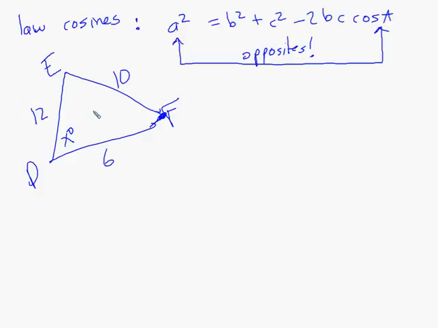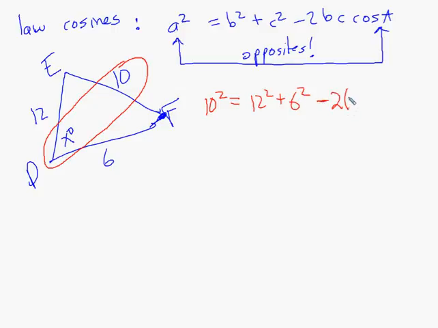We know it's not law of sines because I don't have any of the other angles. For law of sines to even be a possibility, I need one of the angles, and it's not always even then. So I like doing this, and these are the two things opposite each other. So 10 squared equals 12 squared plus 6 squared minus 2 times 12 times 6.